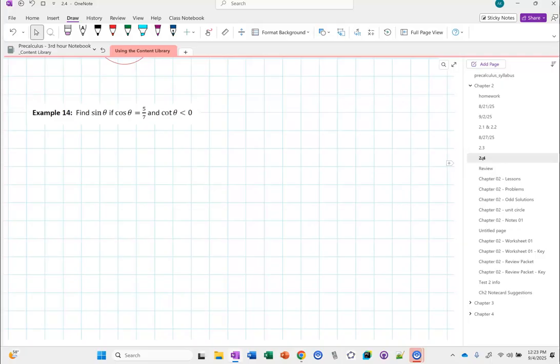So this is a problem that I would do as a point on the terminal side definition. This is one where I would use the r definitions for sine, cosine, and tangent rather than the unit circle definition.